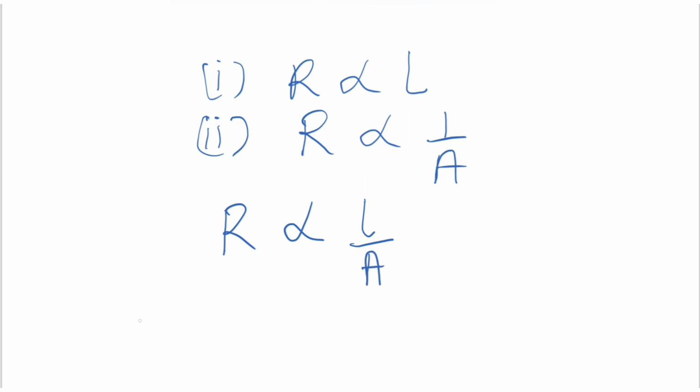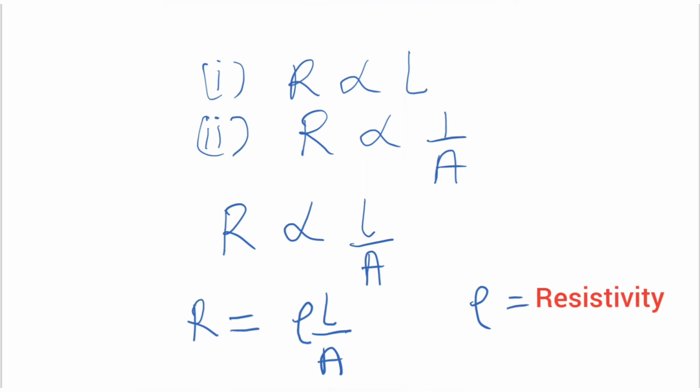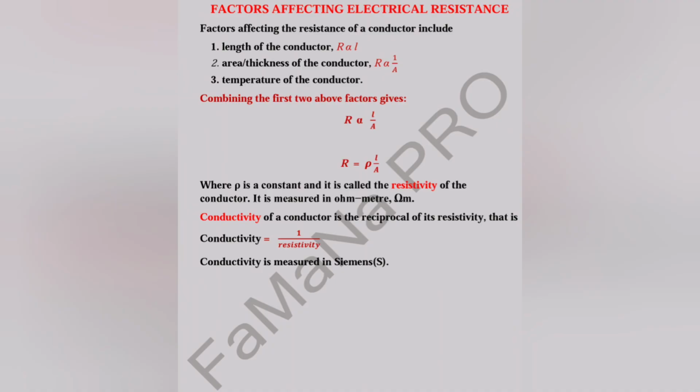Then introducing a constant, you are going to have R = ρL/A. Now this constant is the resistivity of the conductor or of the wire. And if you take the reciprocal of the resistivity, that is, 1 over resistivity, you are going to get the conductivity. Conductivity is measured in Siemens.